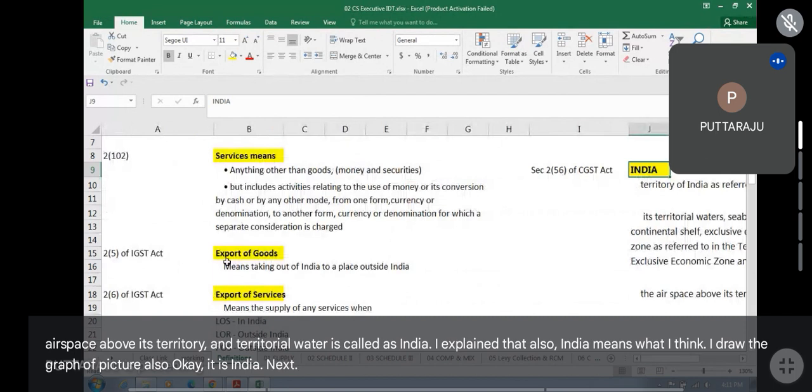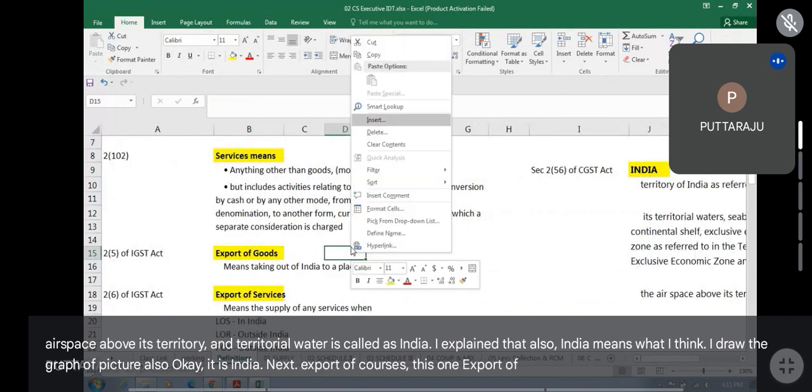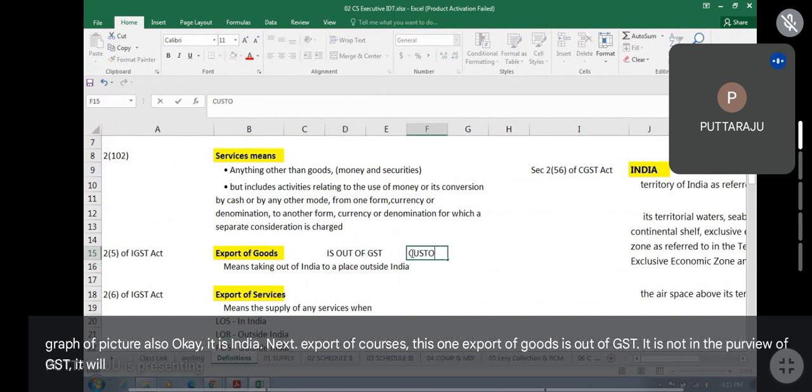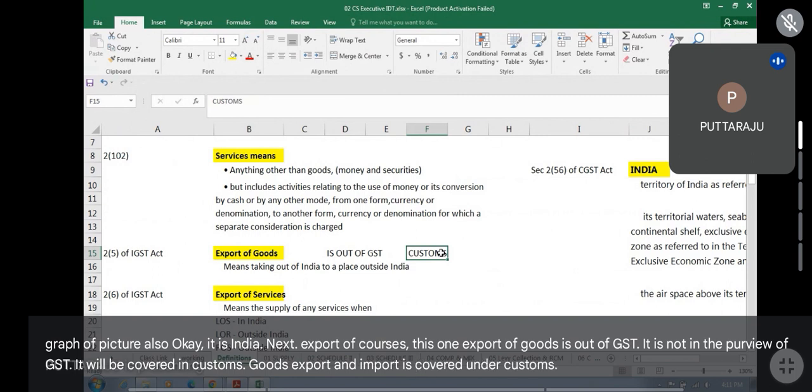Next, export of goods is out of GST. It is not in the purview of GST. It will be covered in customs. Goods export and import is covered under customs. Only the service import and export is under GST.